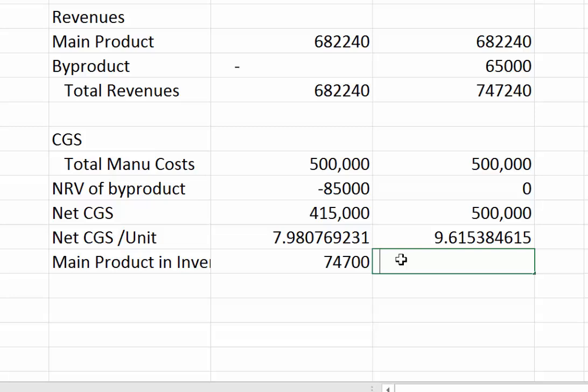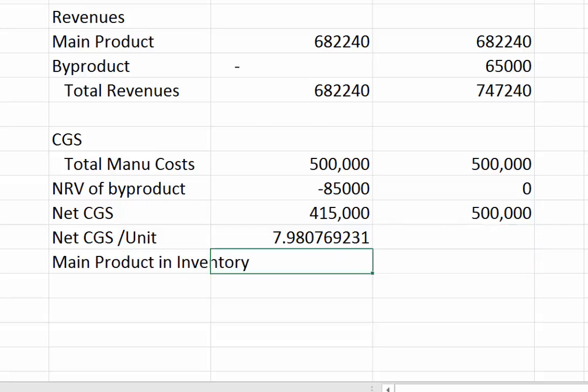Okay, so the inventory cost. For this one, it's going to be very easy because you have pretty much all the calculations already. So let me go back. I think I did some incorrect calculation here. Sorry, I have to redo the calculation.